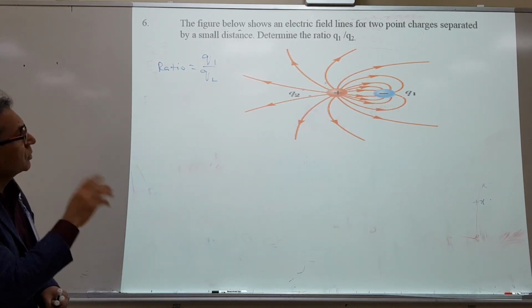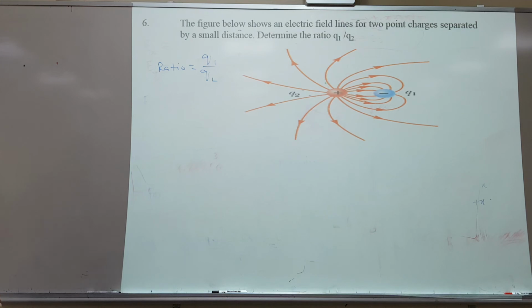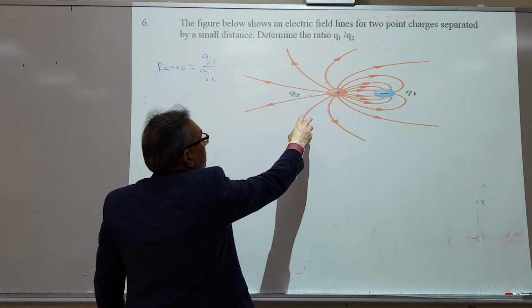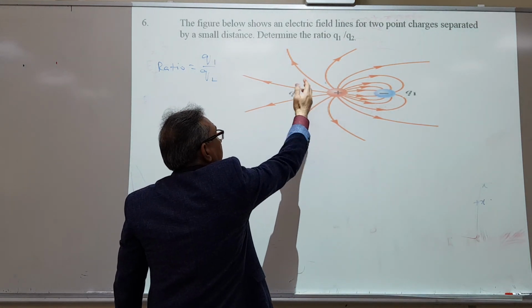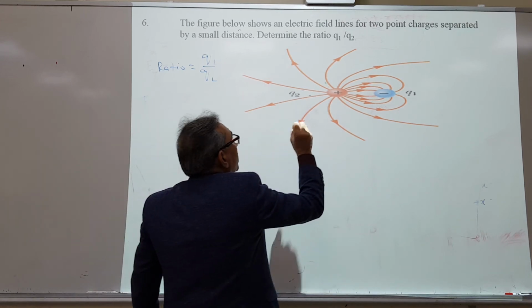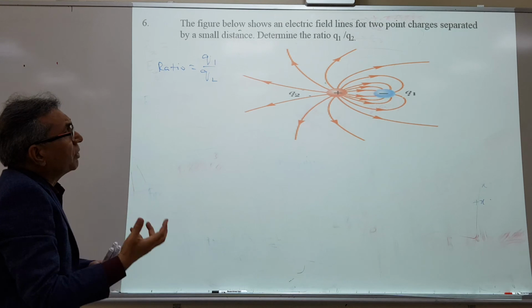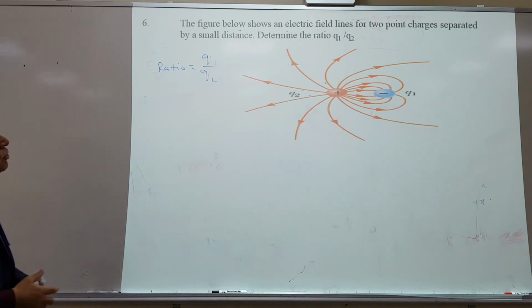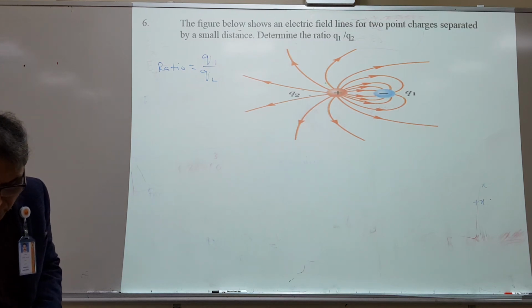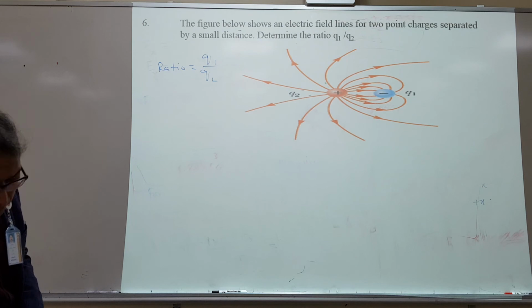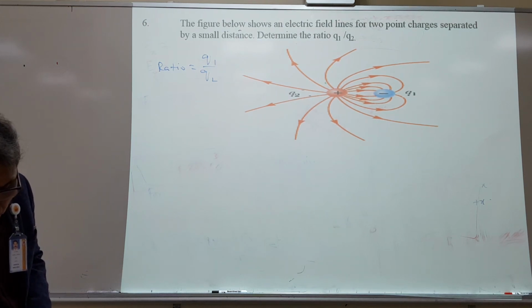Once we discussed the chapter, I told you that when electric field lines go out of the positive charge and come into the negative charge, the number of lines gives you information about the magnitude. Right now, you have the ratio Q1 by Q2.